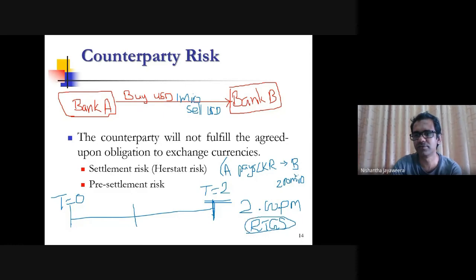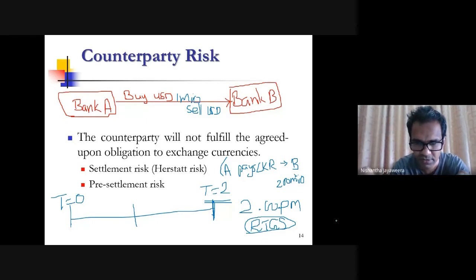So Bank A maintains a rupee account with the central bank. Bank B maintains a rupee account with the central bank. Bank A instructs the central bank, the RTGS, to debit its account and credit Bank B's account.